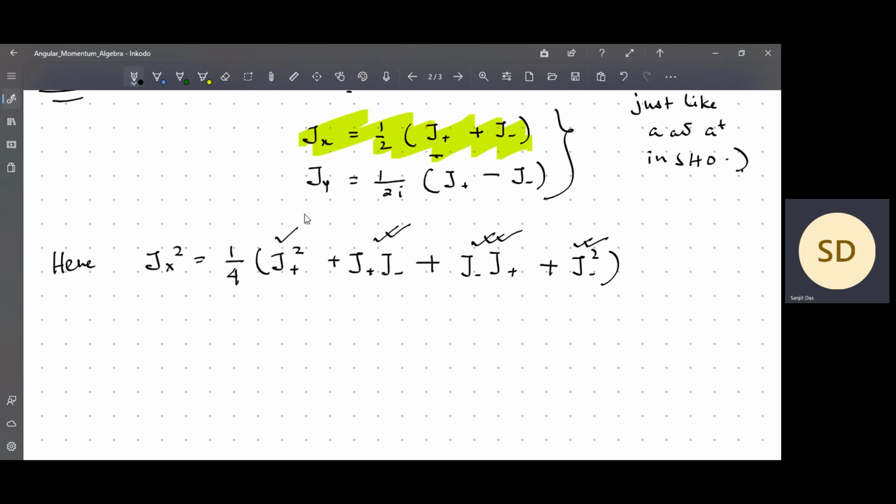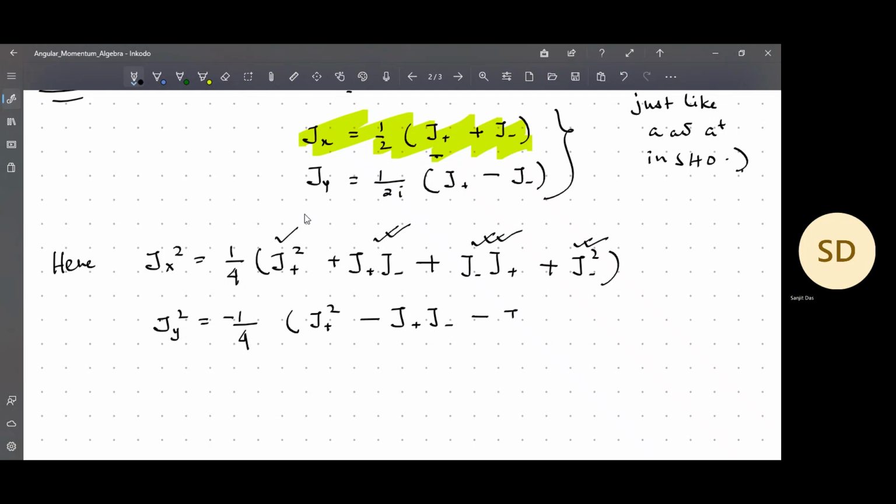Similarly, Jy square you can find easily. Jy square is equal to 1 by 4 with a minus sign: J plus square minus J plus J minus minus J minus J plus plus J minus square.